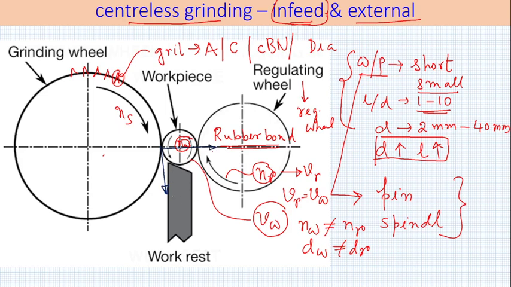These forces are such that there is no tendency for the workpiece to fly off, and this is the work rest on which the workpiece is supported. Once grinding has been done, the work rest will automatically be removed and the workpiece will drop in a particular bucket.